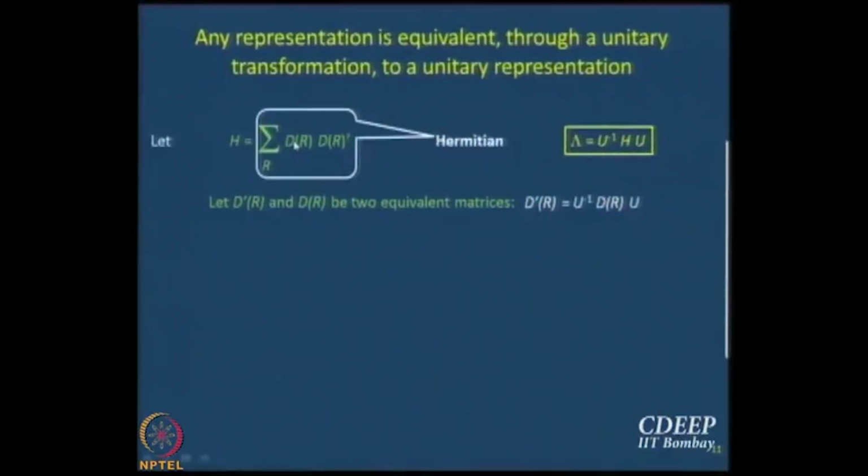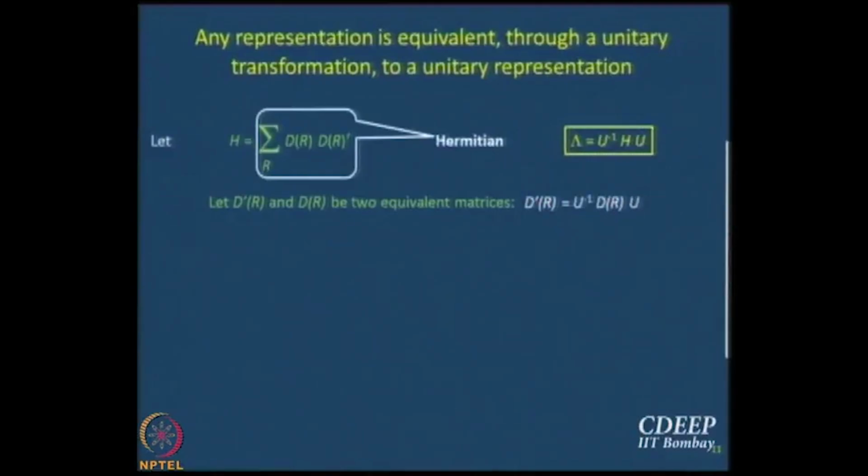On the other hand, if you take all the drs and their adjoints, multiply and sum over all the symmetry operations, then you generate a matrix H. From that, you can get the matrix of eigenvectors U. D prime r is the similarity transform of dr using this matrix of eigenvectors. Okay. So, there is a correlation. It is not as if D prime, H are all uncorrelated, scattered, no, everything is correlated, alright.